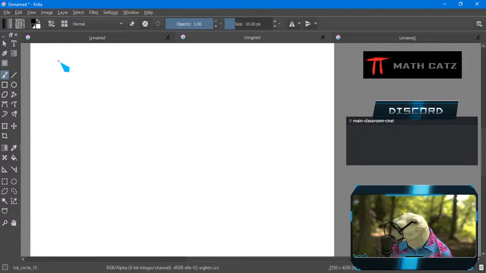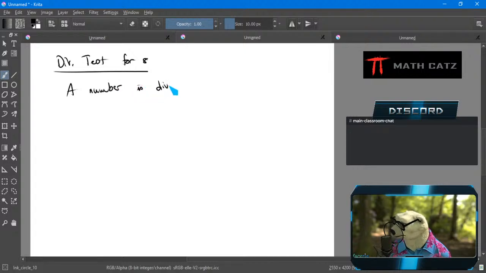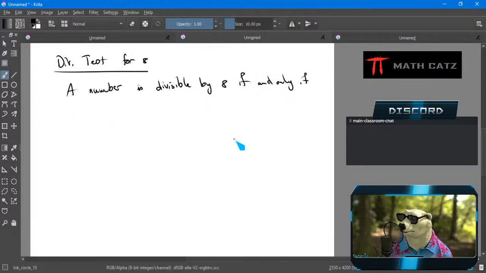Let's write that out. Divisibility test for 8. A number, these do get a little wordy, but that's okay, is divisible by 8 if and only if, meaning if it's divisible by 8, then this property is true, and if this property is true, it's divisible by 8.